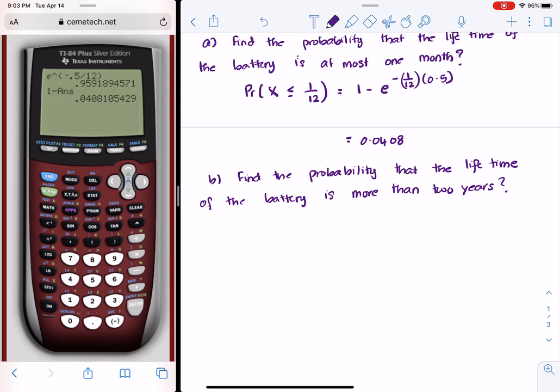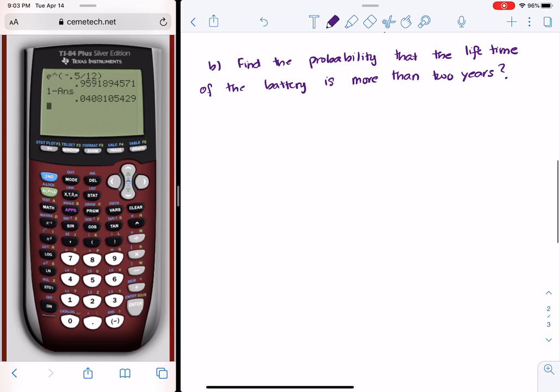Now that would give us an idea into the longevity of the battery. So we can use the formula, but we are trying to find the probability of x greater than or equal to 2.